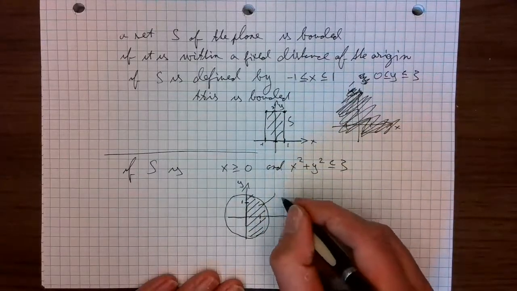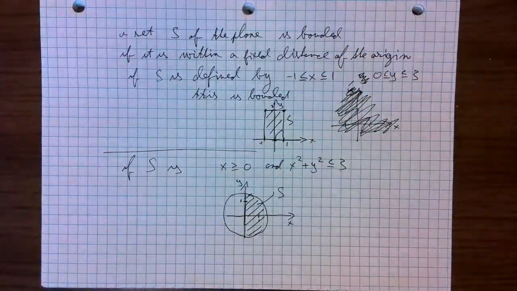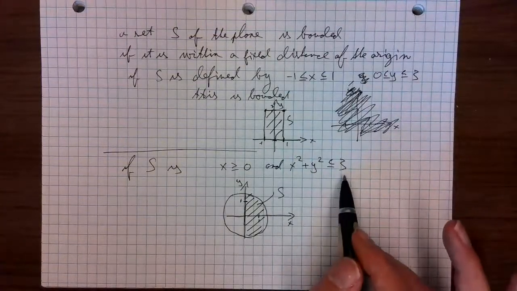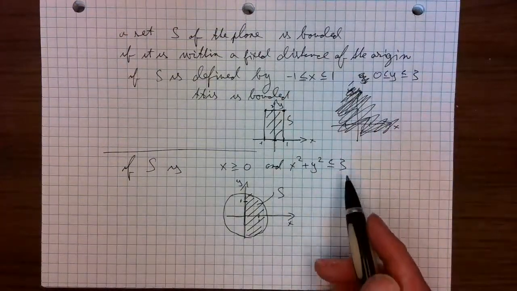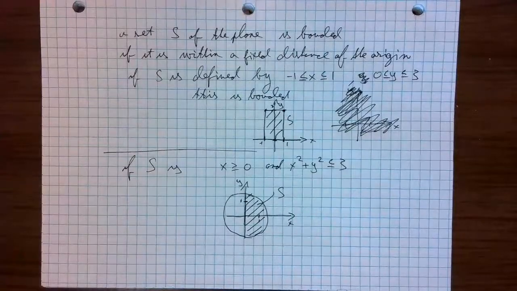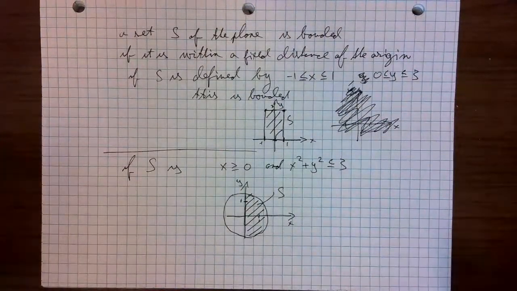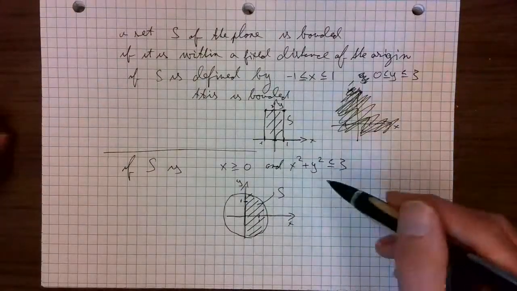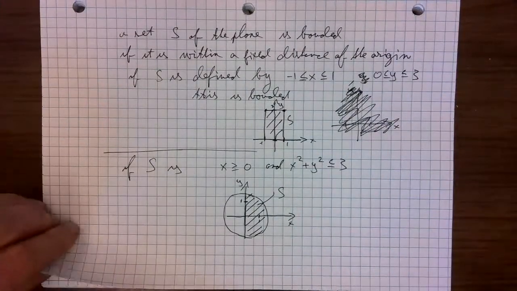So this is my S, right? This is definitely a bounded region, because the distance from the origin is at most square root of 3, almost by definition of the region. So that's what a bounded region means.